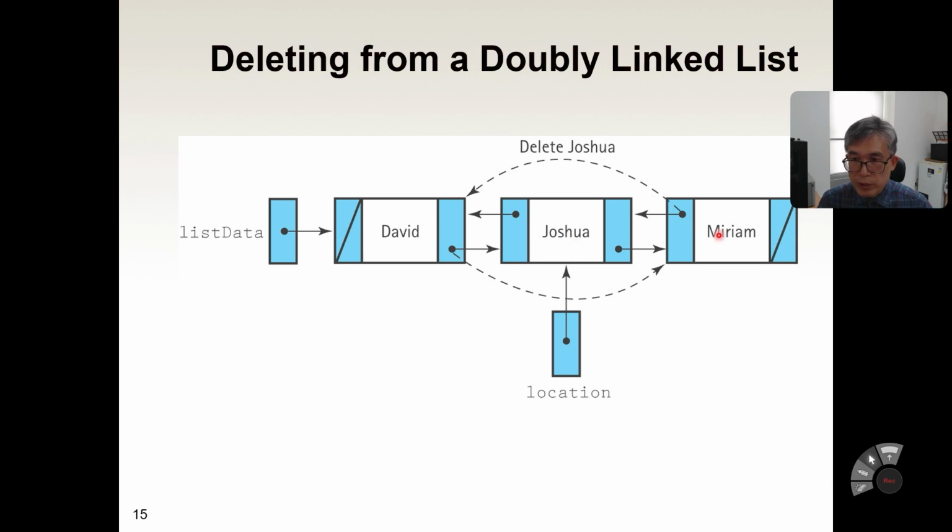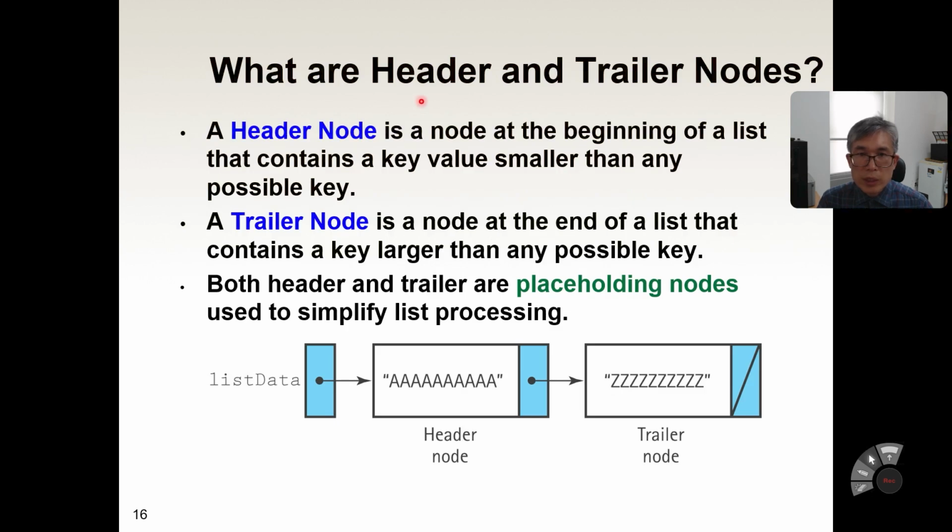So Miriam's previous points to this David node, David's next points to the Miriam node, and then we can maintain the doubly linked list. What about header and trailer nodes? We have a header node and a trailer node. This one is a placeholding node. It simplifies list processing in insert and delete.